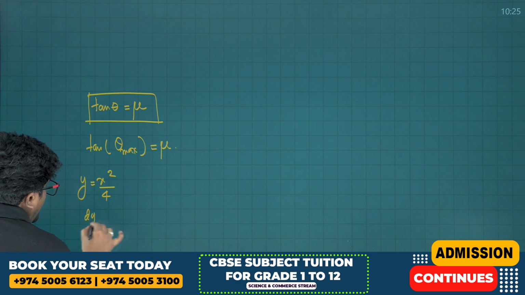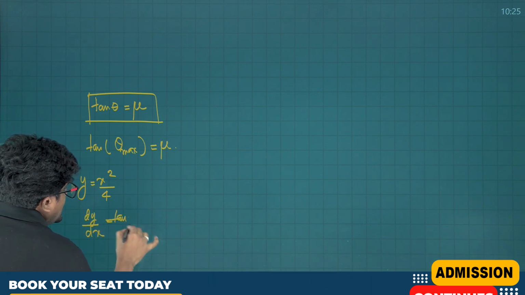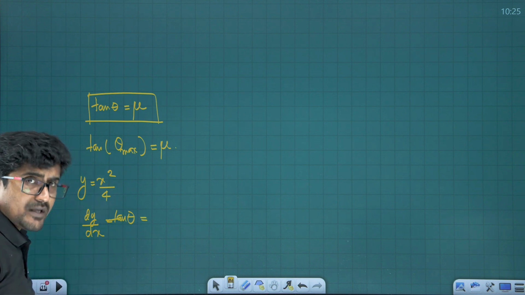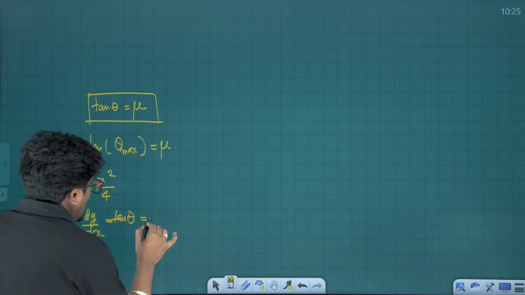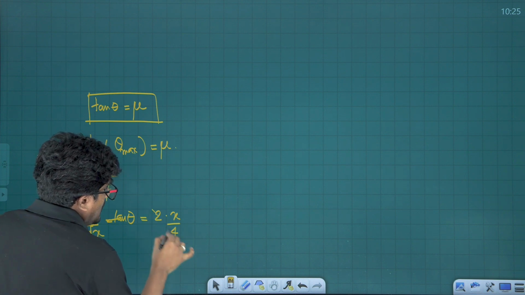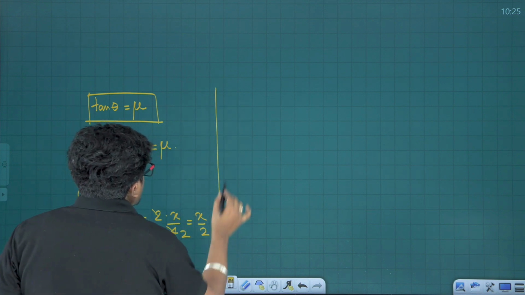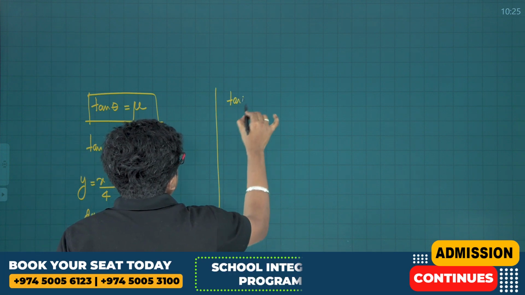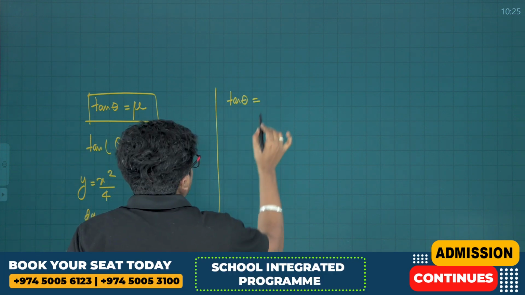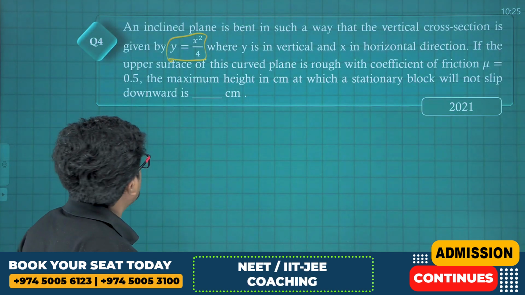So what is going to be dy by dx? Dy by dx is equal to tan theta, that is the slope. That's going to be 2 into x by 4, that is x by 2. So tan theta equals x by 2. What is the coefficient of friction?